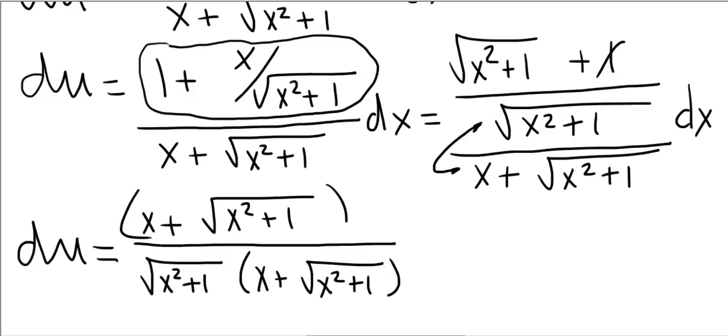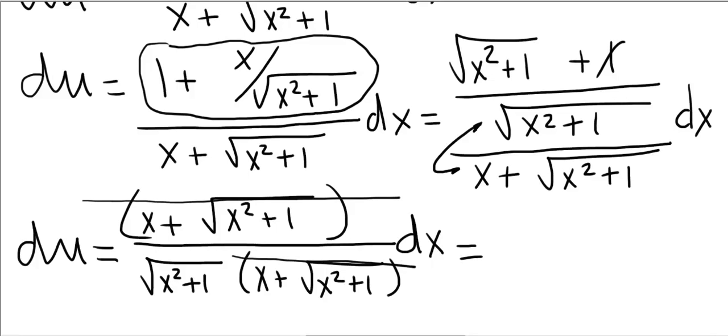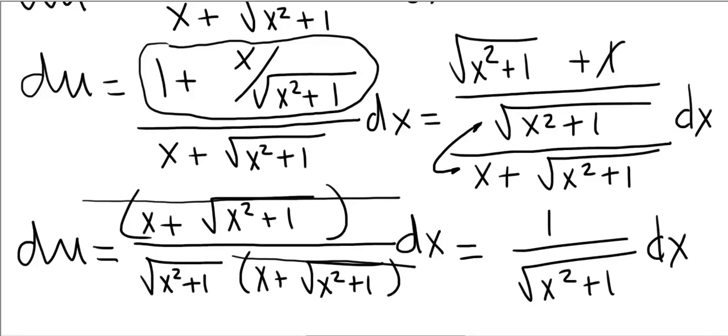And you can see that square root of x squared plus 1 plus x in the numerator and similarly in the denominator cancel, and we're left with a nice simple version of du, which is 1 divided by the square root of x squared plus 1 times dx.